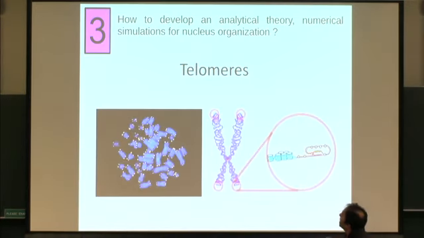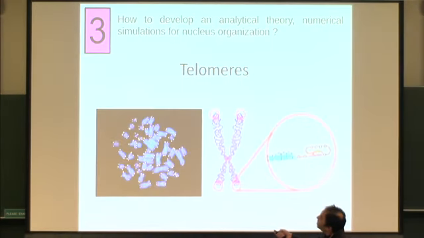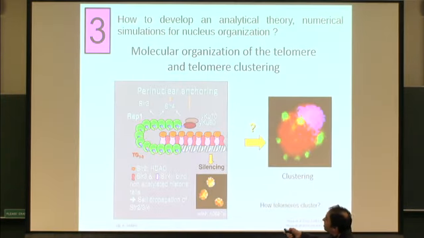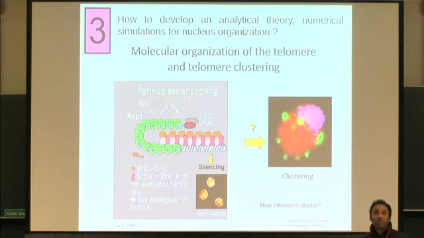For example, this is the tip, the end of the chromosome, which are called the telomeres, which can be labeled here. There's a specific possibility to label them in yellow. For yeast, you have 32 ends, 32 yellow parts.